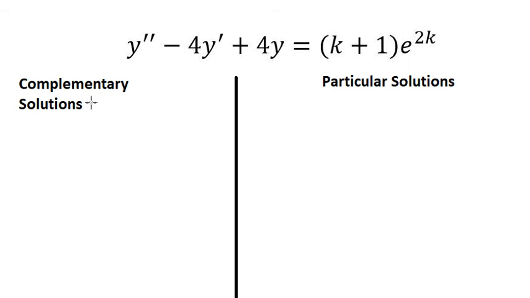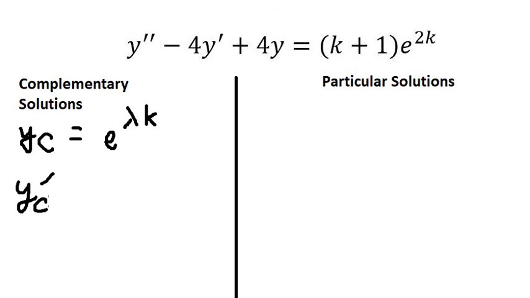So about complementary solutions, I will put yc equals e to the power of lambda k. Later we need to do the first derivative of yc. Oh sorry, that's about lambda.